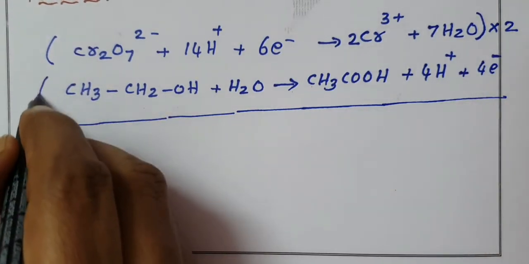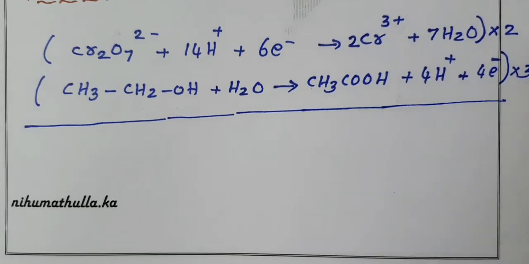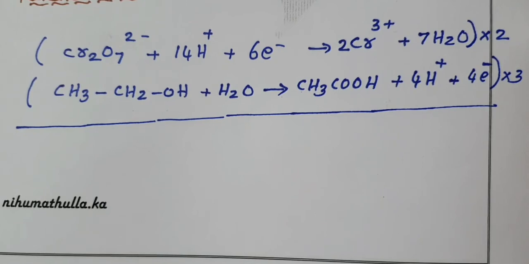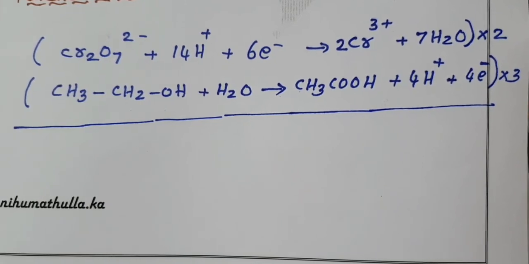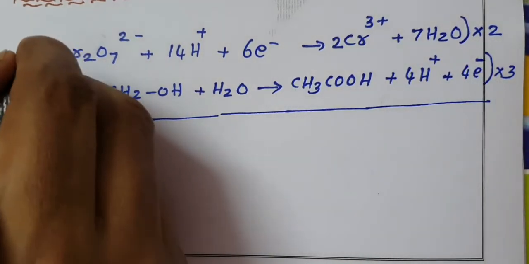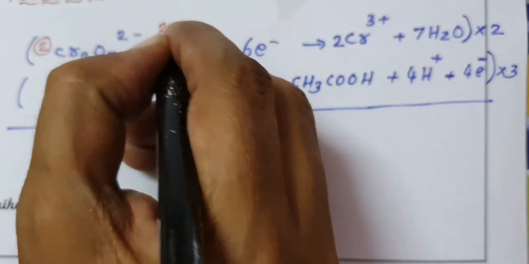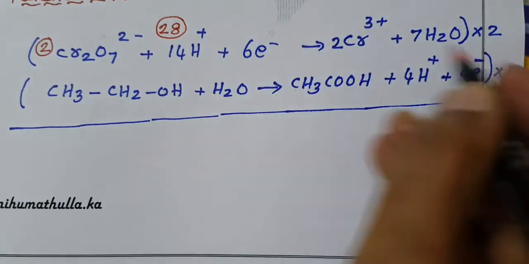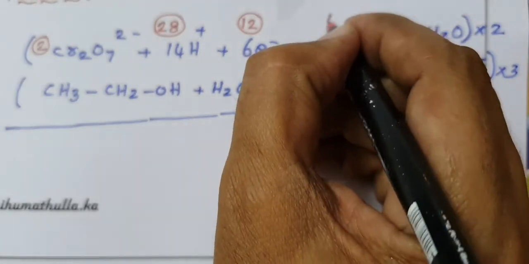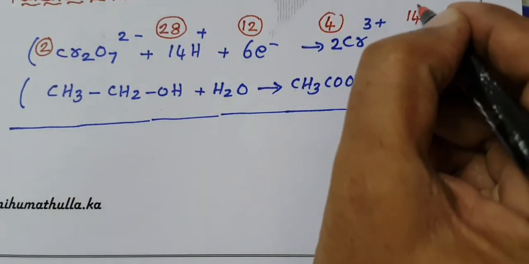The second equation is completely multiplied by 3: 3 into 4 are 12. First equation: 2 into 1 equals 2, 2 into 14 are 28, 2 into 6 are 12 electrons, 2 into 2 are 4 Cr3+, 2 into 7 are 14 water molecules.